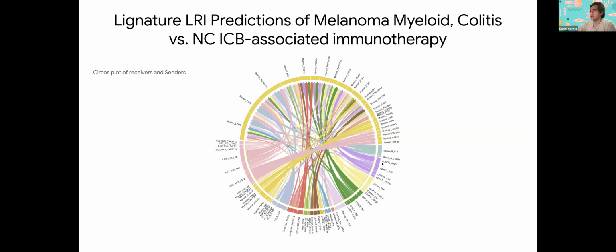cytotoxic lymphocytes, CTLs, and then their ligands like interferon gamma, TNF, and TGF beta 1 with CD8s. In light yellow we have CD4 tissue resident memory cells, TNF, CD40 ligand, LG, and TGF beta 1 in that specific cell type.